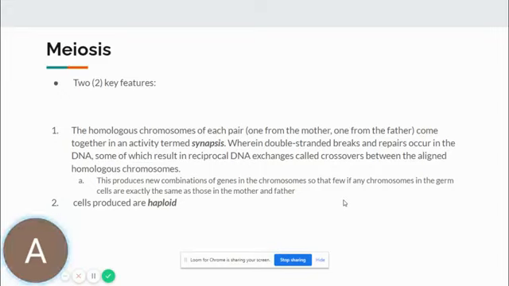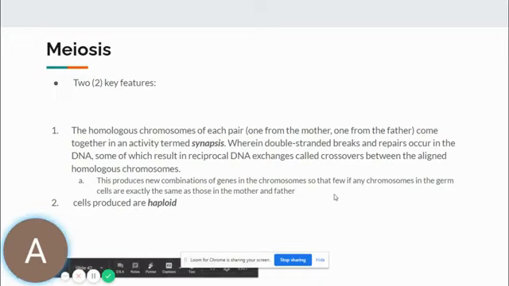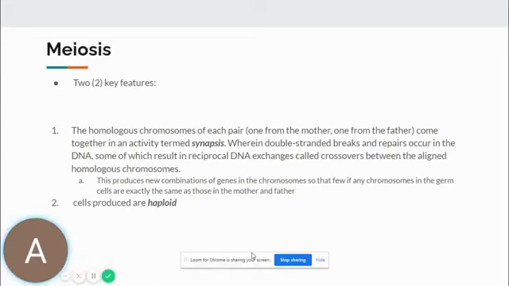No? Nag-crossover. This produces new combinations of genes in the chromosomes so that few, if any, chromosomes in the germ cells are exactly the same as those in the mother or the father. So, diba, for example, ikaw, you have a mother and your father.